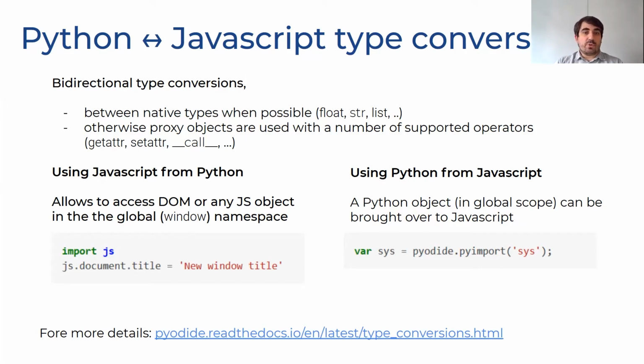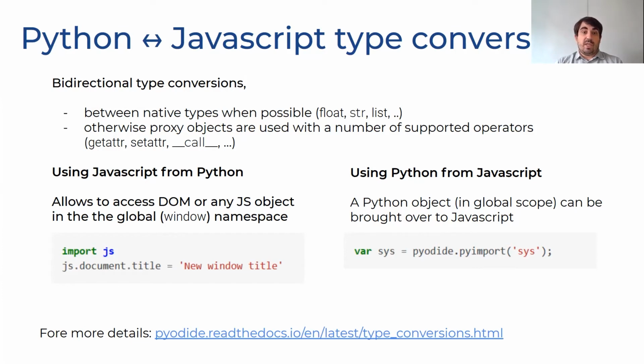So to give a more concrete example, if you want to use JavaScript from Python, you have this js module in Python from which you can import JS objects, including accessing the DOM. So for instance, here we import the js module, and then we set the document title to a new value.